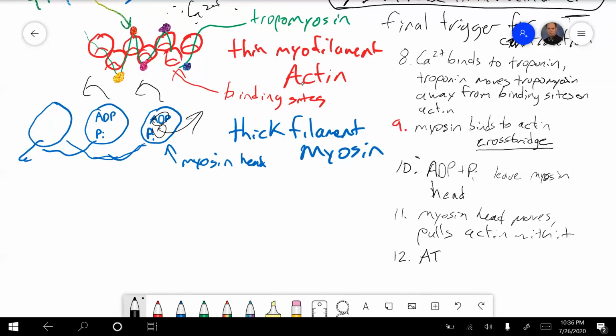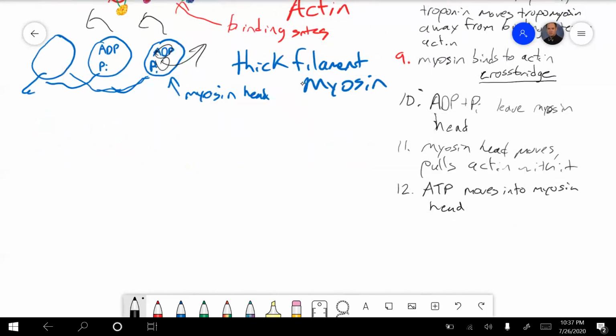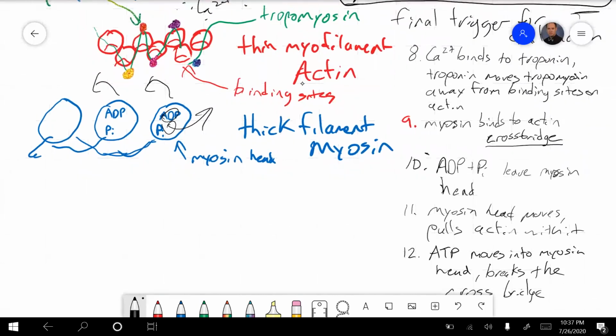And an ATP molecule moves into the myosin head and that breaks the cross bridge. And now they separate.